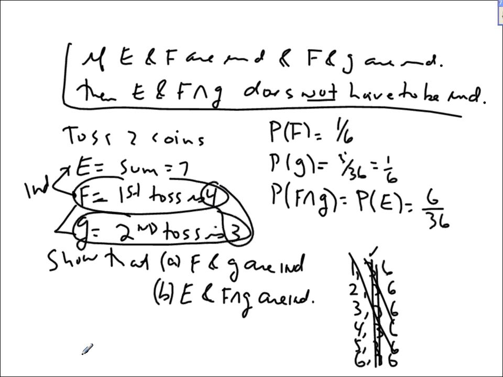And those aren't them, excuse me. You know, a 1 and a 6, a 2 and a 5, a 3 and a 4, a 4 and a 3, a 5 and a 2, and a 6 and a 1. There are 6 different ways. This is 1 out of 6.